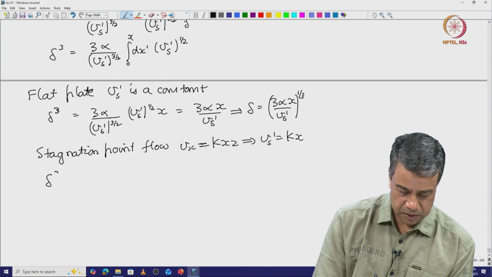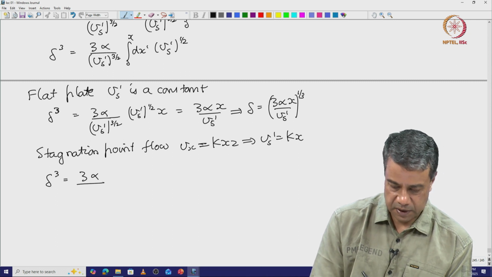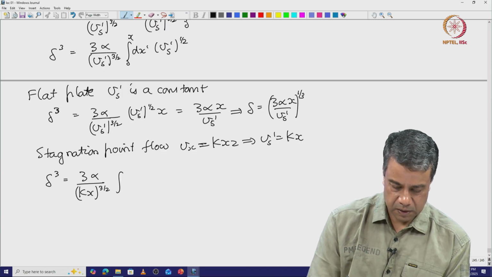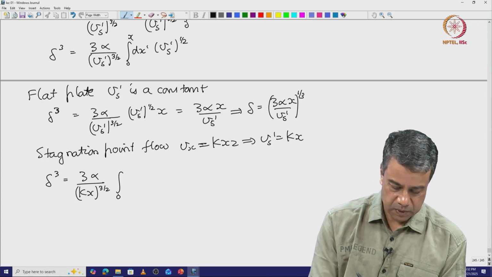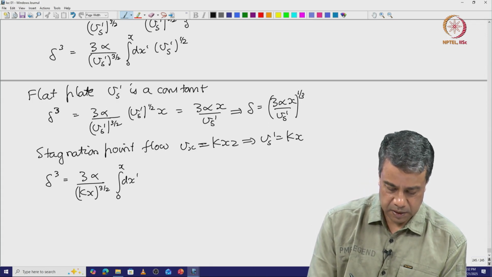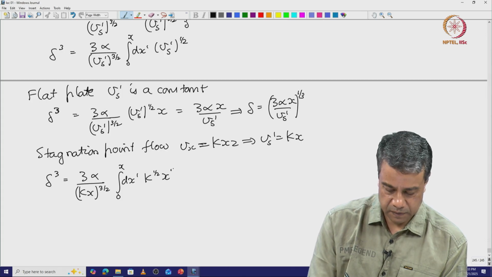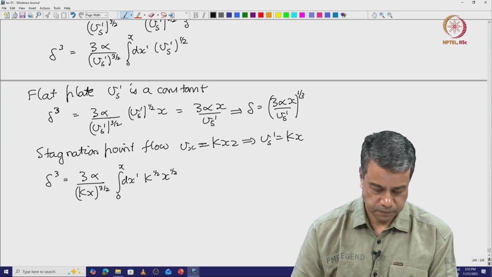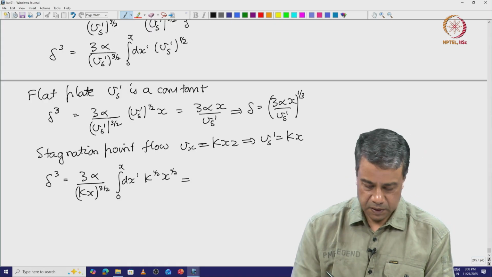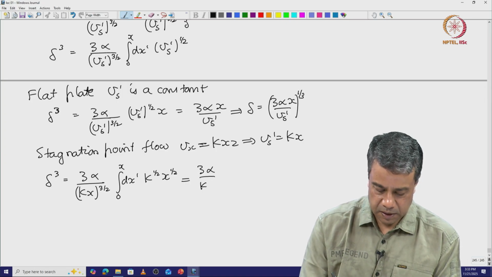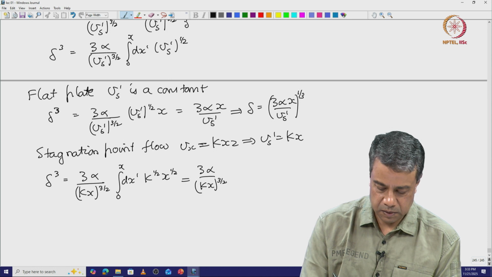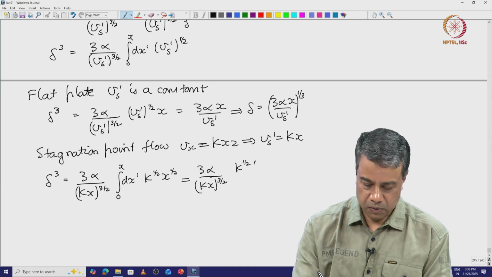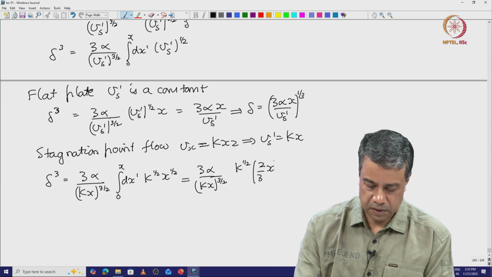Therefore, delta cubed is equal to 3 alpha by kx whole power 3 by 2 integral 0 to x dx prime k to the half x to the half, which is equal to 3 alpha by kx whole power 3 by 2 into k to the half into 2 by 3 x power 3 by 2.